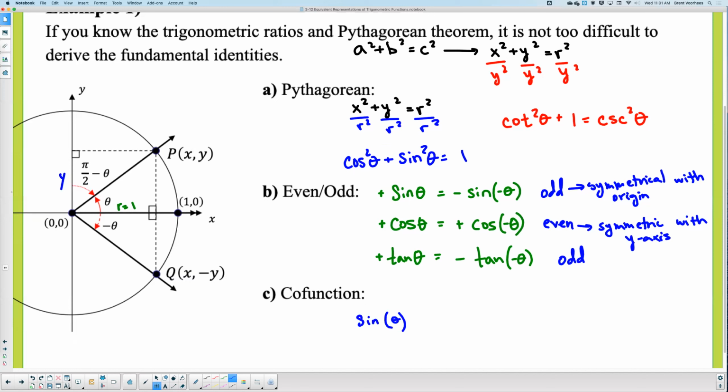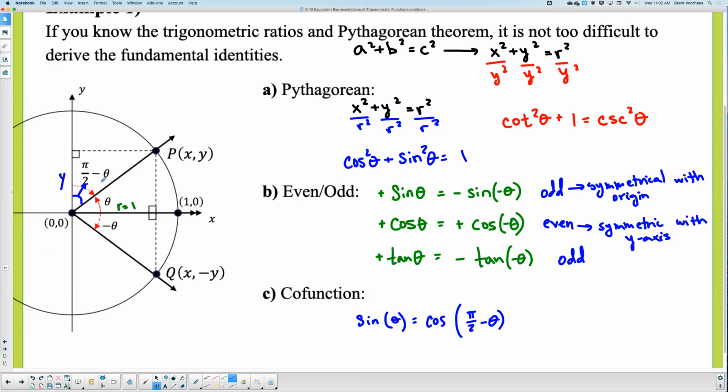But if I look at the angle of pi over 2 minus theta, if I'm looking in this triangle from this perspective, from here out, this is no longer considered the y-axis. If you were looking at this triangle with this angle, this is similar in standard position to an x-axis. Notice this would become the x. So that would be equal to cosine of pi over 2 minus theta.